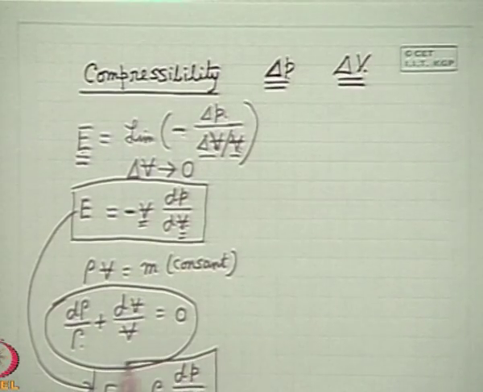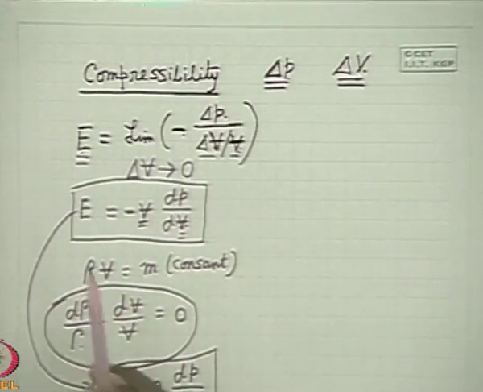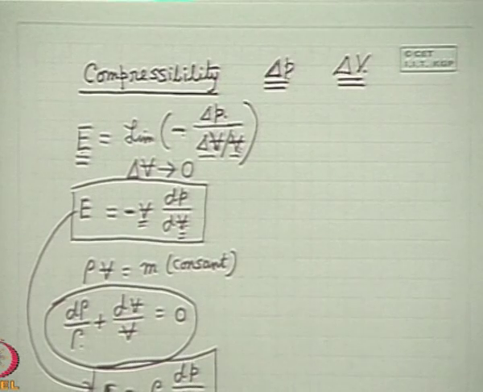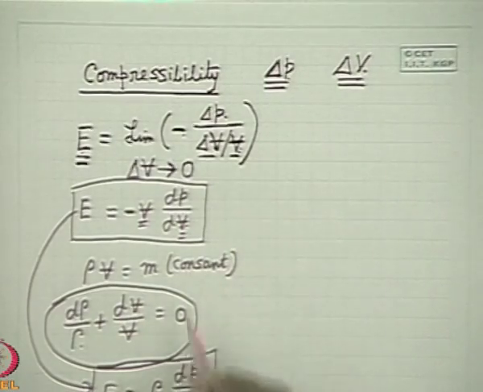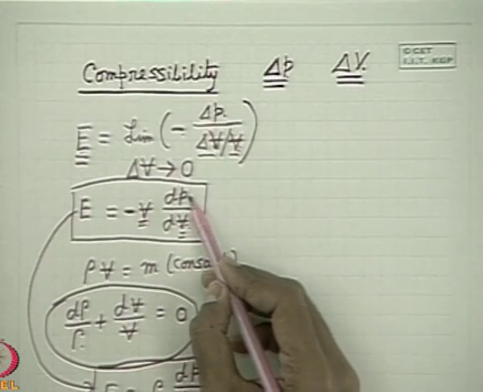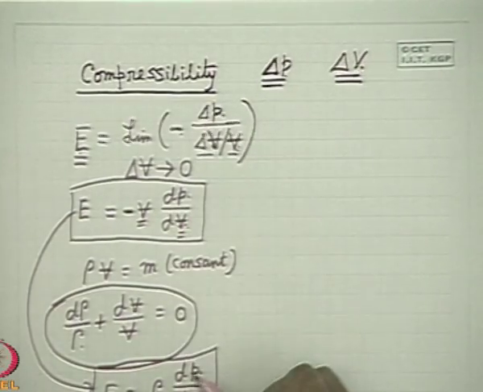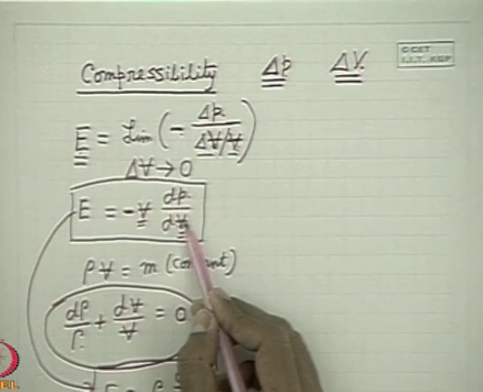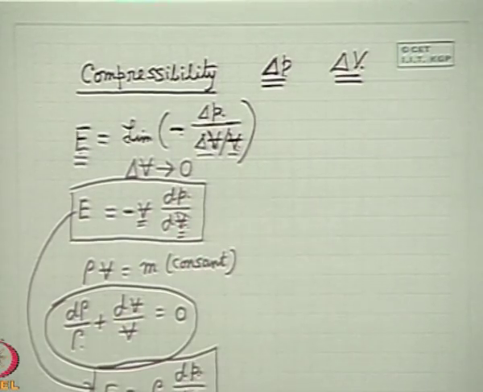Now, you see, for substances for which the bulk modulus of elasticity is very high, it requires a very high pressure to change a definite amount of density or volume. Or the other way, for a given change in pressure delta P, the change in volume or change in density will be very small if the value of E is very high.